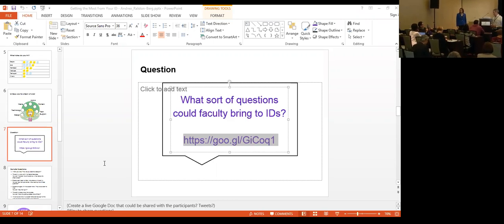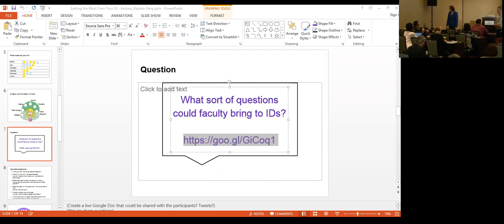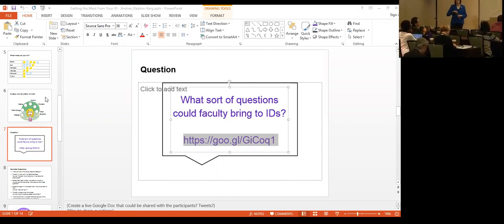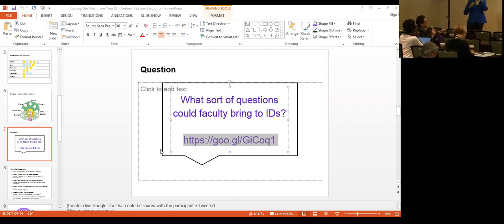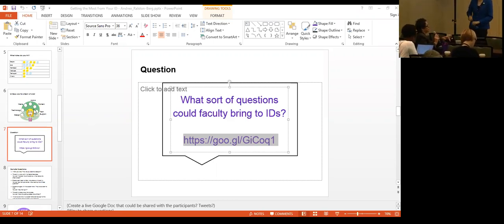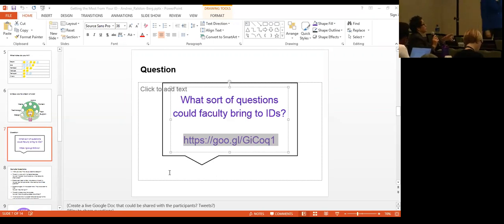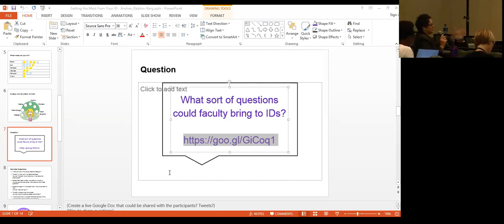In our university, it depends. We have 5 IDs, and it depends on which ID you get and which ones you've forged a relationship with. I can think of a couple of IDs in our department who might be like, this is how you do it, kind of cookie cutter.